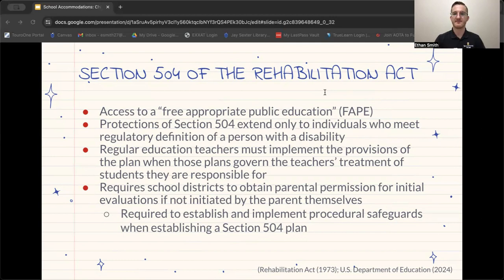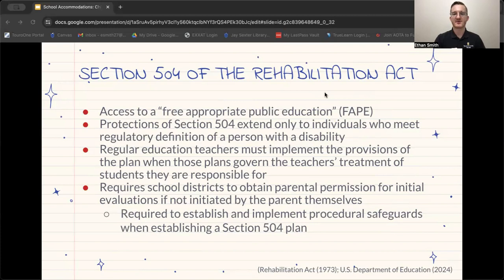Once a Section 504 plan has been set in place, regular education teachers must implement the provisions of the plan when those plans directly govern the teacher's treatment of students that they are responsible for. Failure to do so can cause a school district to be in noncompliance with Section 504. Section 504 requires districts to obtain parental permission for initial evaluations.